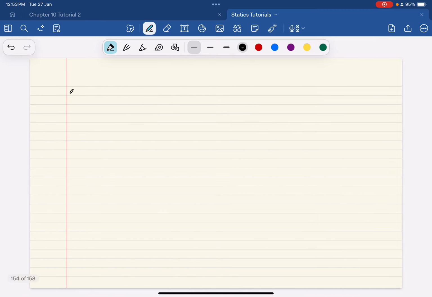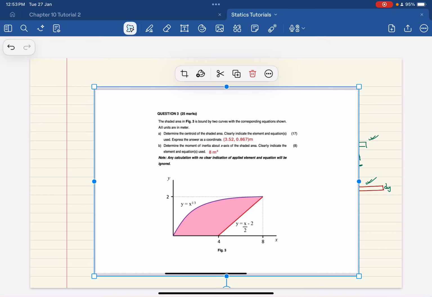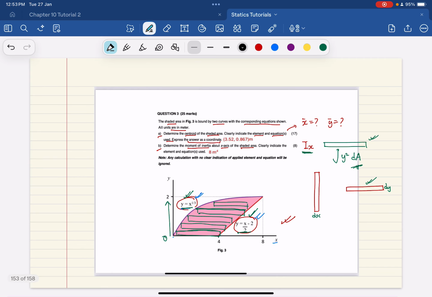So for A, if you want to use the horizontal element, we need to actually change the equations into x equals a function of y for both parts, because when we're using the horizontal element, we're integrating with respect to dy.